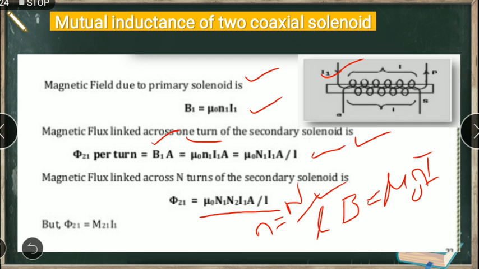Okay. Next, the magnetic flux linking through the secondary coil will be directly proportional to the current in the primary coil, which is given by the constant term M21: phi 21 is equal to M21 I1. Okay, substitute the value of phi 21, what can I write as the expression?